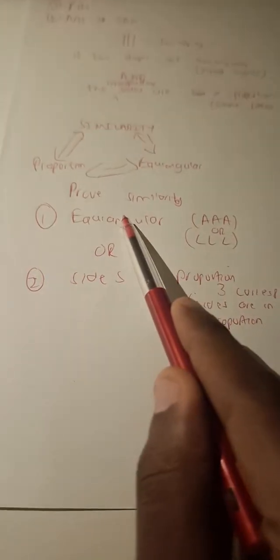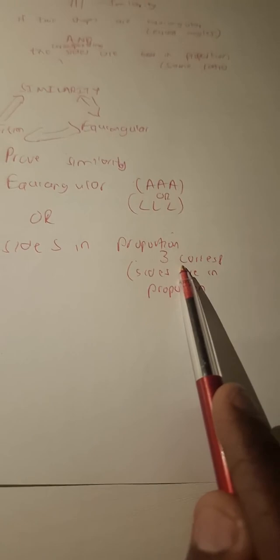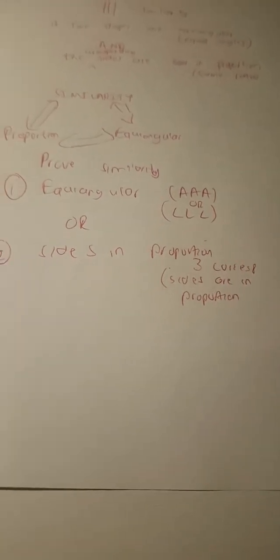You can either prove that the sides are in proportion, or you can prove that the angles are equal. But you need to prove three corresponding angles are equal if you want to use equiangular. Or if you don't have the information for angles, you must prove that the sides are in proportion, but you must have the information for the sides.